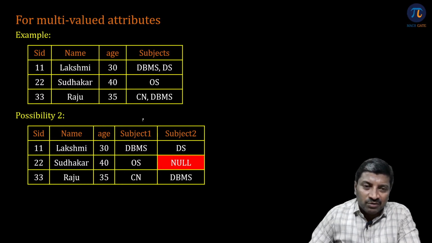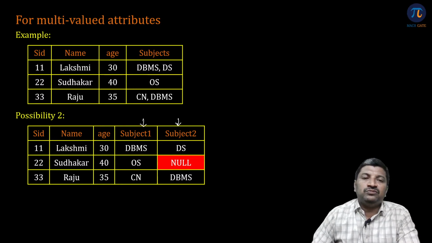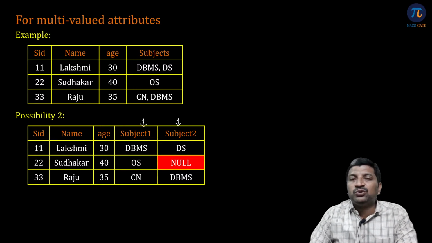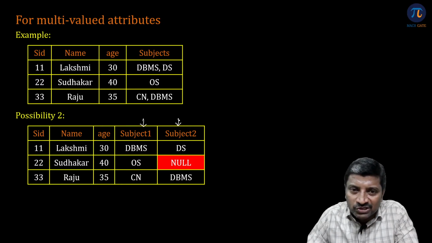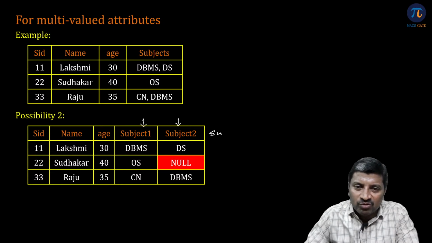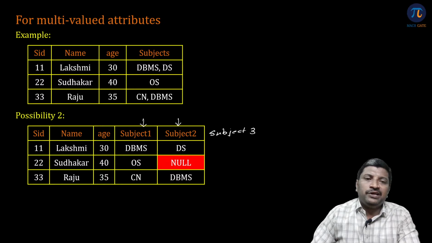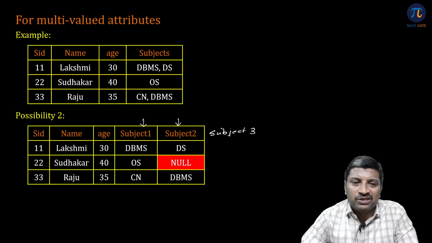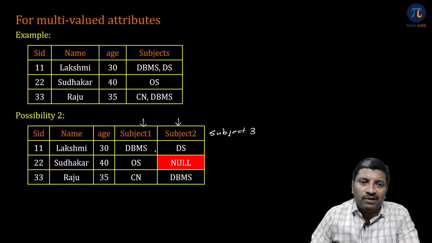So I write 2 columns, subject 1, subject 2, right? Suppose I feel that a student can register a maximum of 3 courses, then I will add one more column, subject 3, right? So this is the second possibility. Here we don't have any multi-valued attributes.